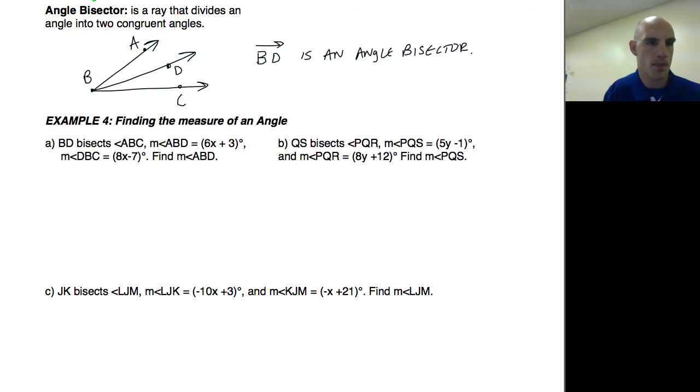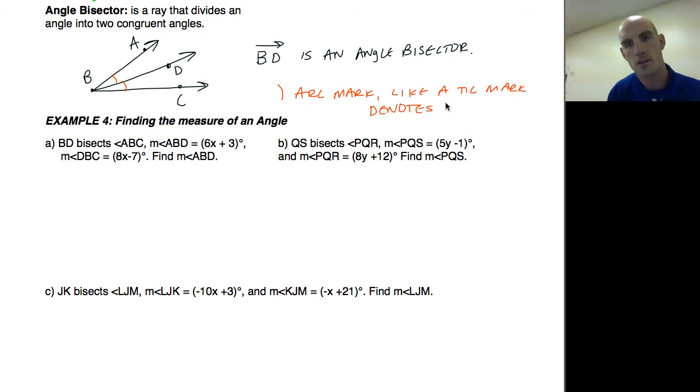I'm going to know that it's an angle bisector by using these arc marks. This is called an arc mark. It's like a tick mark. It denotes congruence. If I have one arc mark, that means that all the angles with one arc mark are the same. We try to make it easy on ourselves.